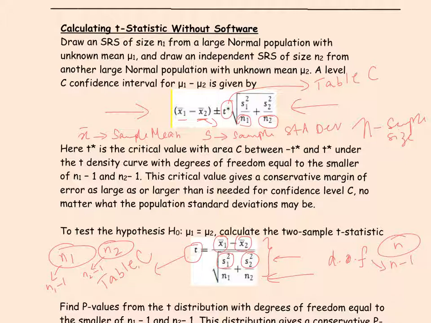Whichever one is smaller, that's what we need to remember, pick the smaller of the two degrees of freedom, and that is what we would use to figure out the p-value for this t statistic or the t star for the confidence interval. Smaller degrees of freedom. That's the important thing since we have two different sample sizes.